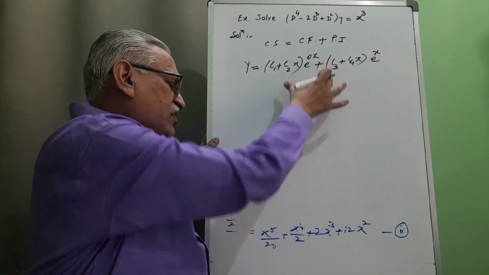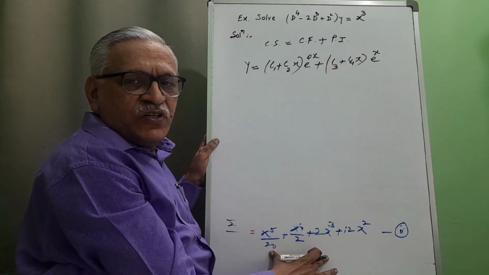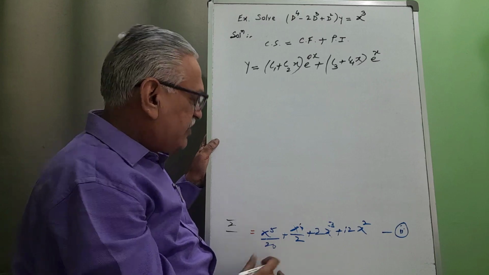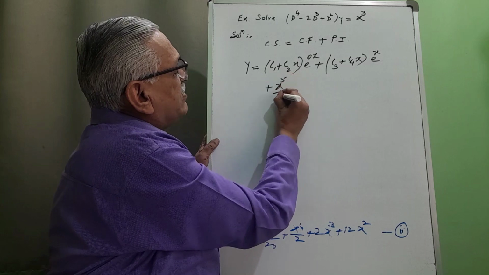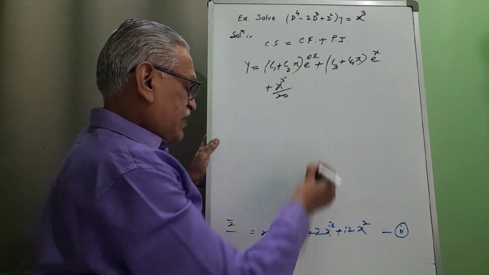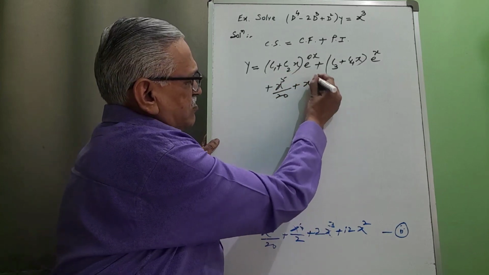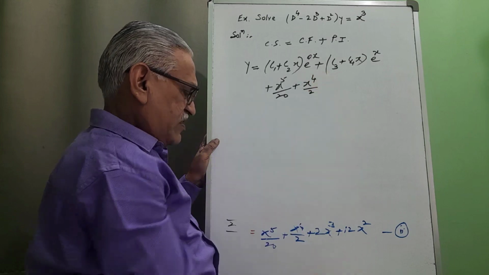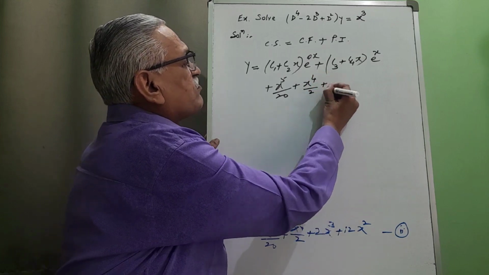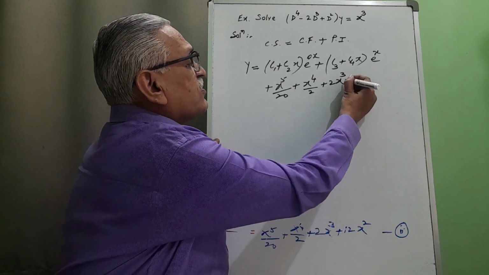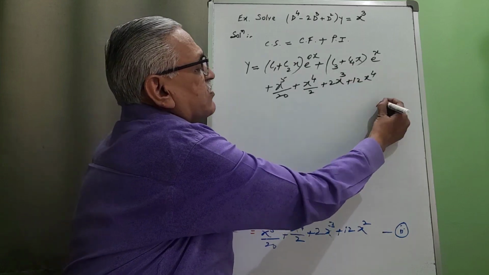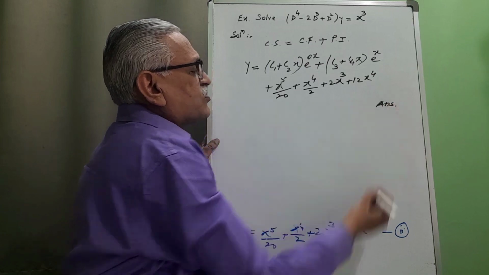With this equation 1, we have to add this equation 2, that is PI, and therefore adding this we get plus x raised to 5 by 20, plus x raised to 4 by 2, plus 2x cube, and plus 12x square as the required solution.